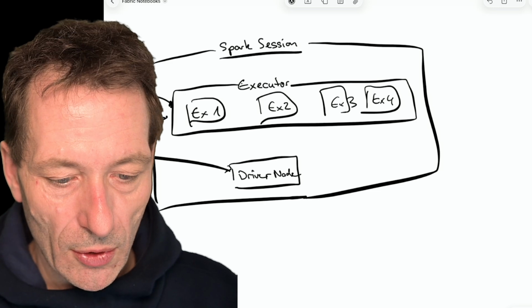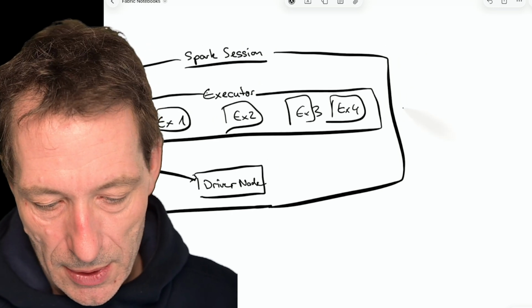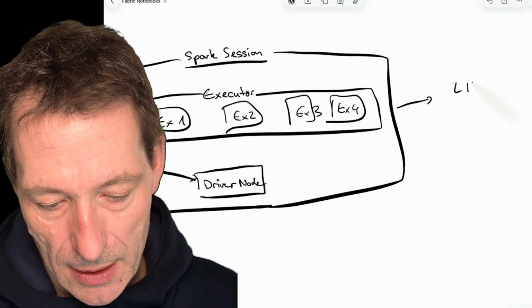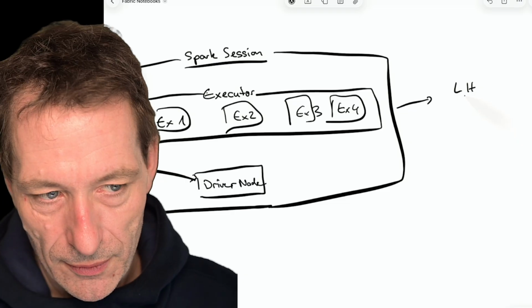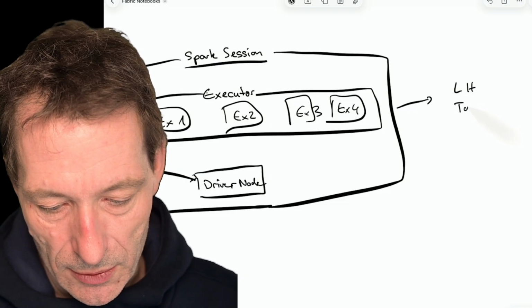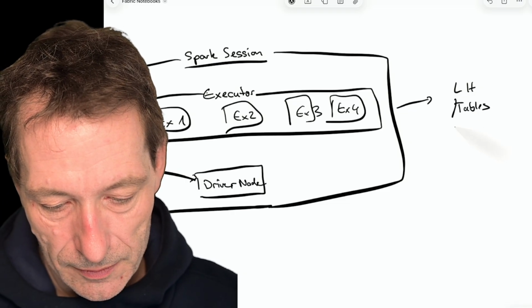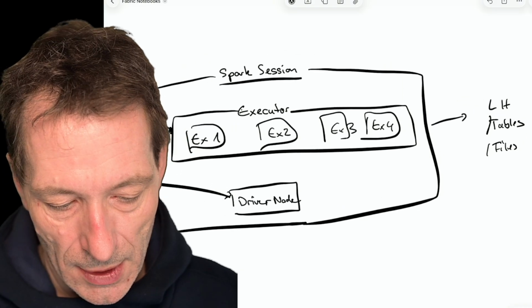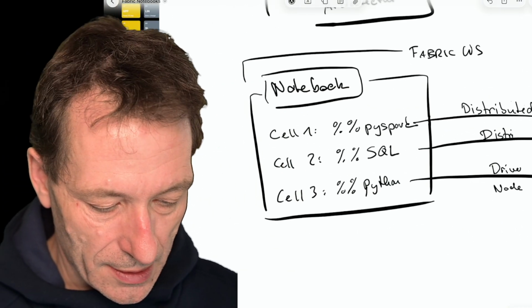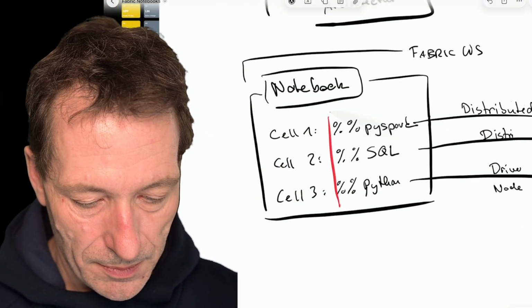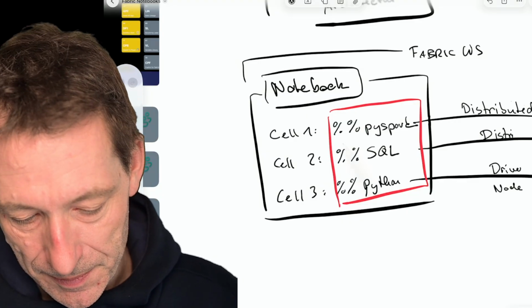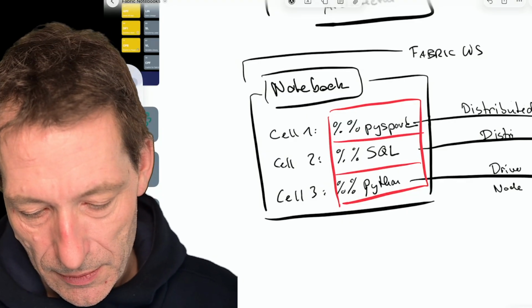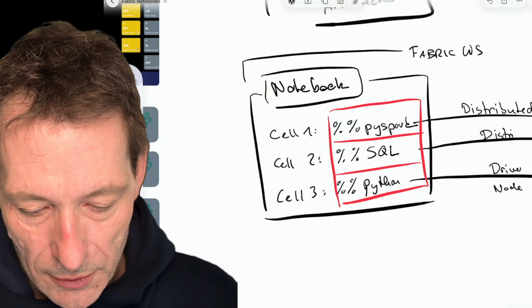At the end of all that, you will end up in a lakehouse, typically either in the tables or in the files folder. But this is the magic here. It's called magic command, by the way. So the first 2 are distributed.